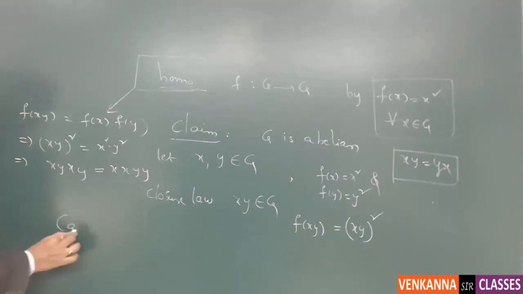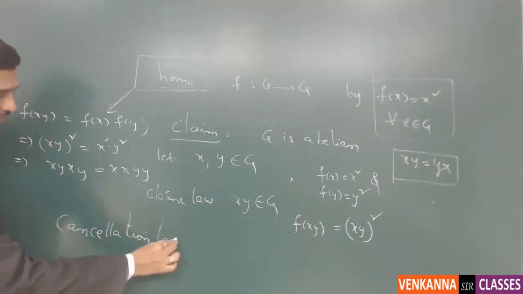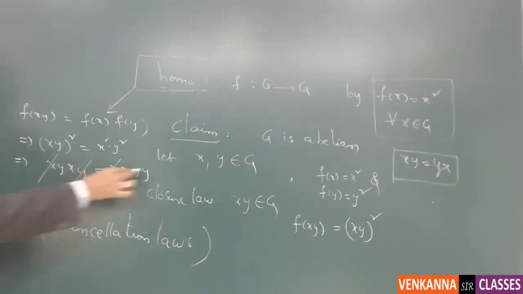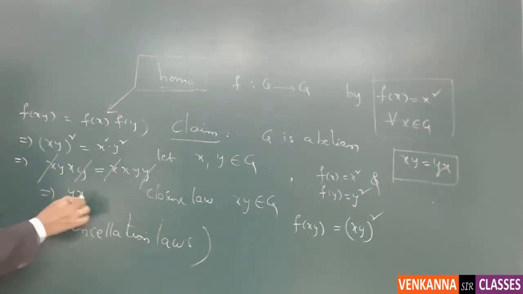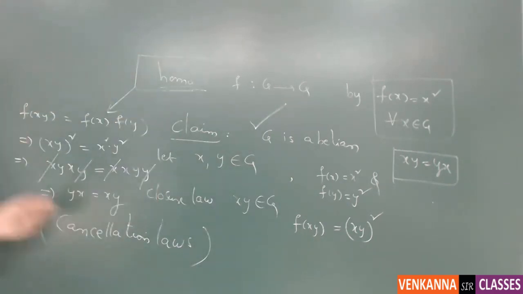If you apply the cancellation law here, you can cancel the leftmost element and the rightmost element, which gives that yx is equal to xy. Therefore, G is abelian. Please take a note of this. Any queries you can ask. If it is clear, then I discuss the other problem.